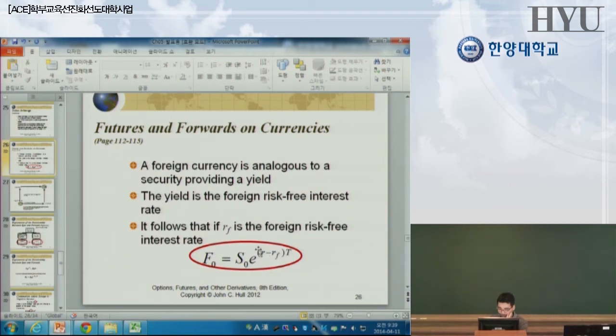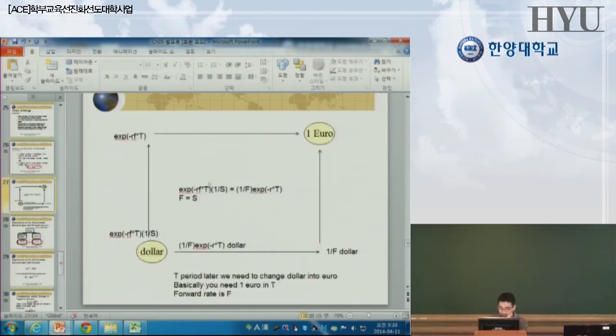Actually, if I do this one, it becomes RF minus R. Actually this is the opposite. I made a mistake somewhere. It is 1 over F dollar, and then RT dollar.